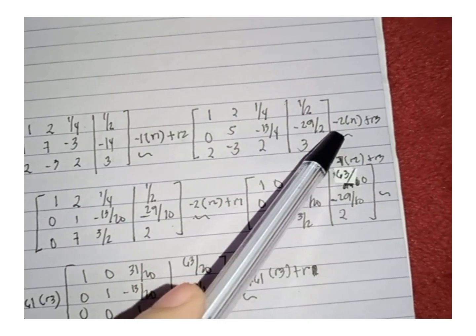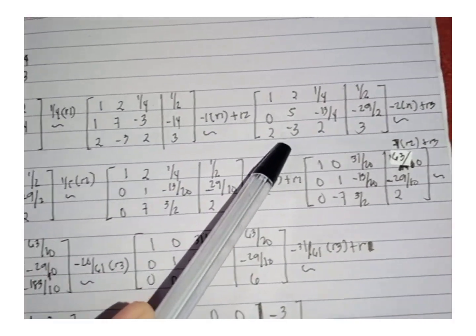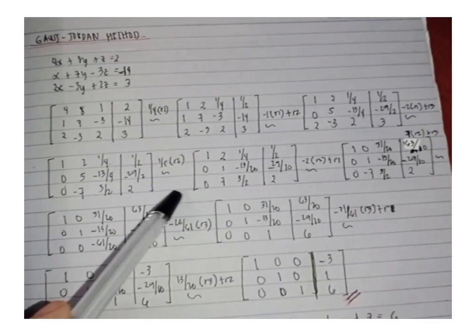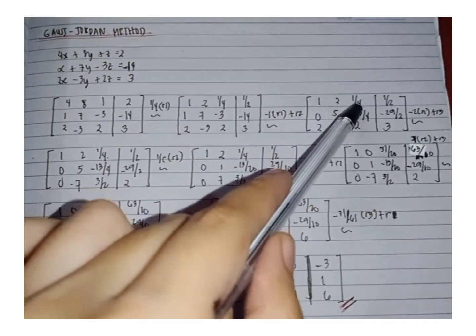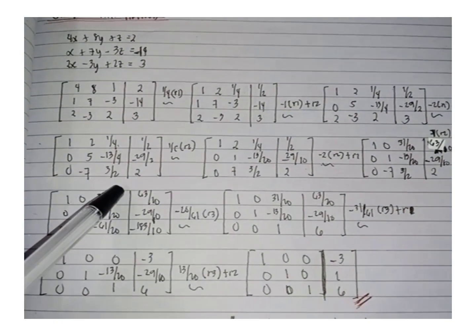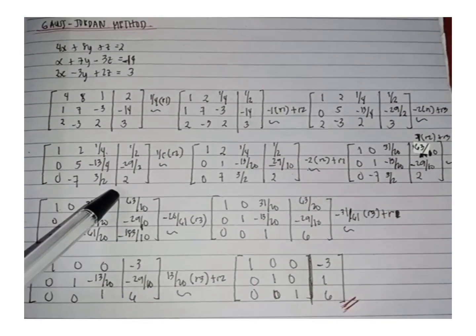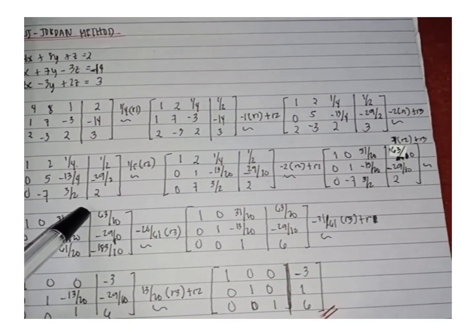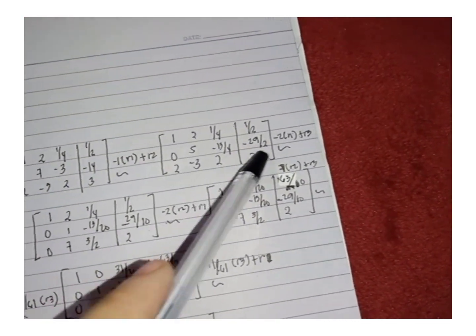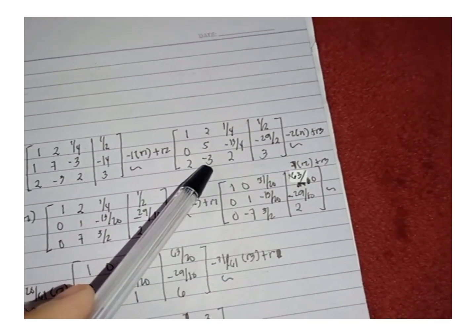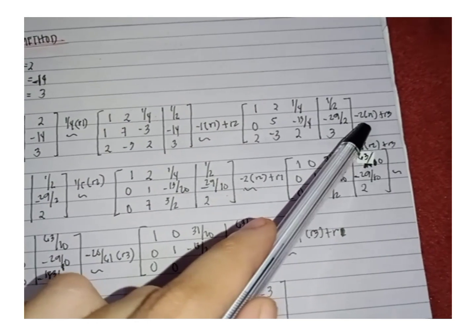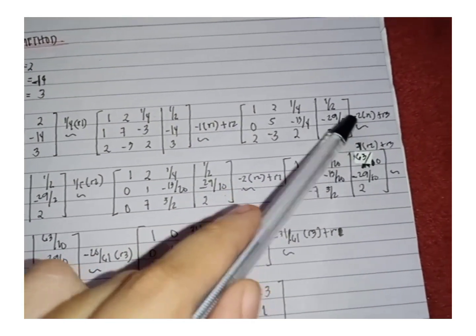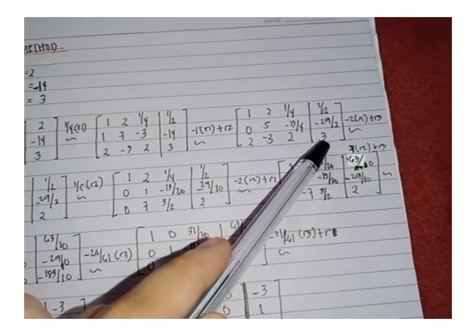Negative 2 times 2 plus negative 3 will be negative 7. Sorry for that. Then proceed. Negative 2 times 1/4 plus 3 will be 5/2.